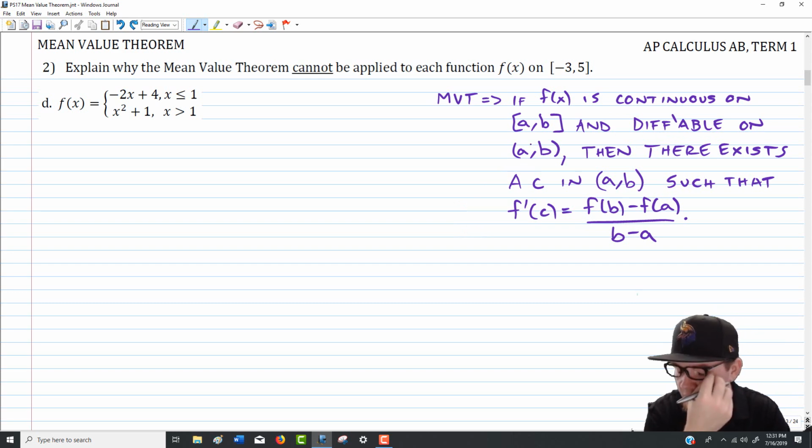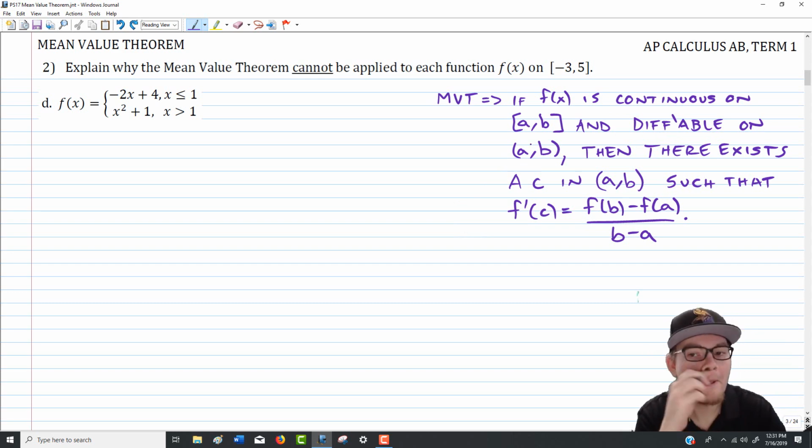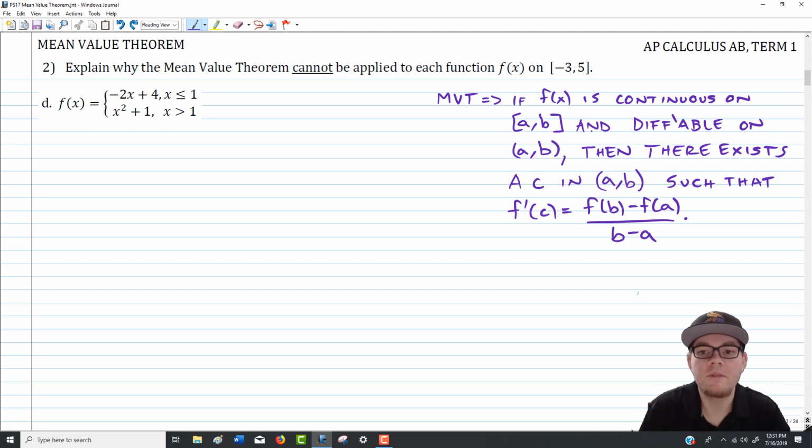So with that in mind, in each question from section 2, you're looking to see which property it is that this thing violates. Is it not continuous on the interval? Is it not differentiable? Is there something else going on? In this example, f(x) equals this piecewise function. Our job is to figure out why the mean value theorem can't be applied, specifically on the interval from -3 to 5.